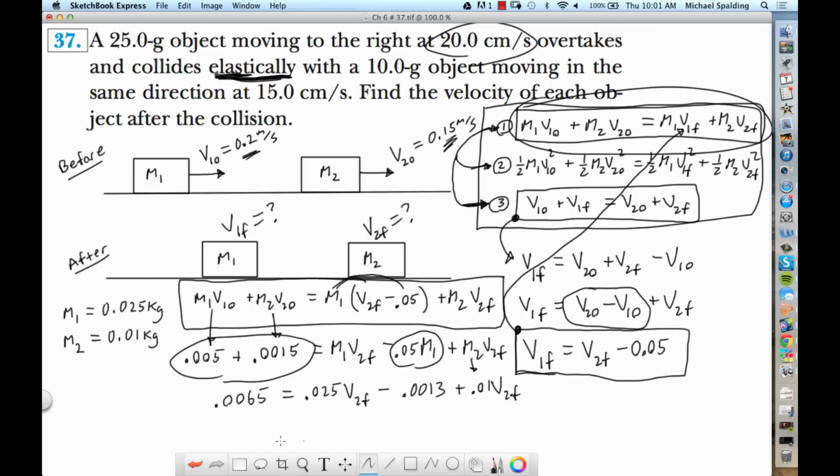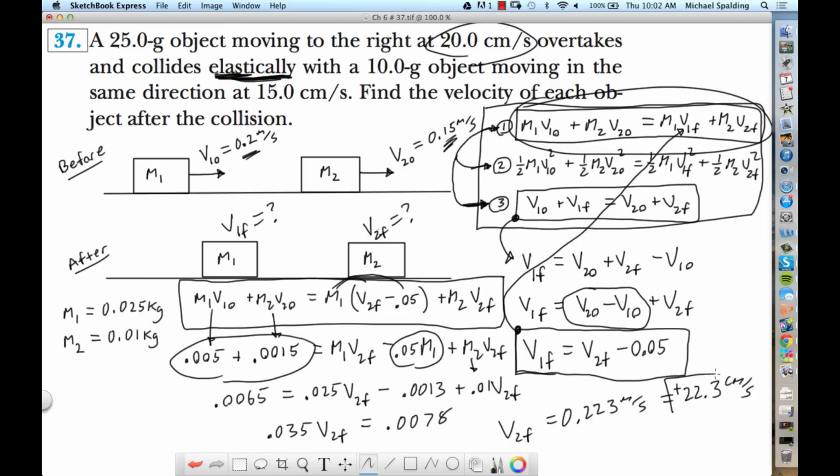Okay, so when you simplify that down, you get 0.035 V2 final equals 0.0078. So V2 final comes out as 0.223 meter per second. Put it back to centimeters and you get 22.3 centimeter per second.